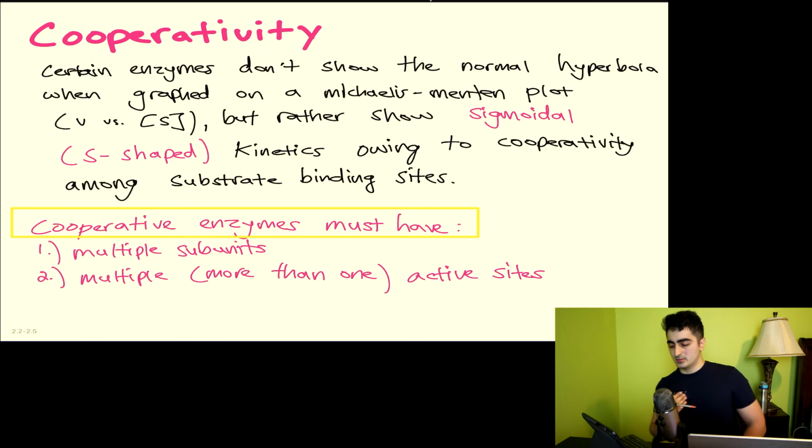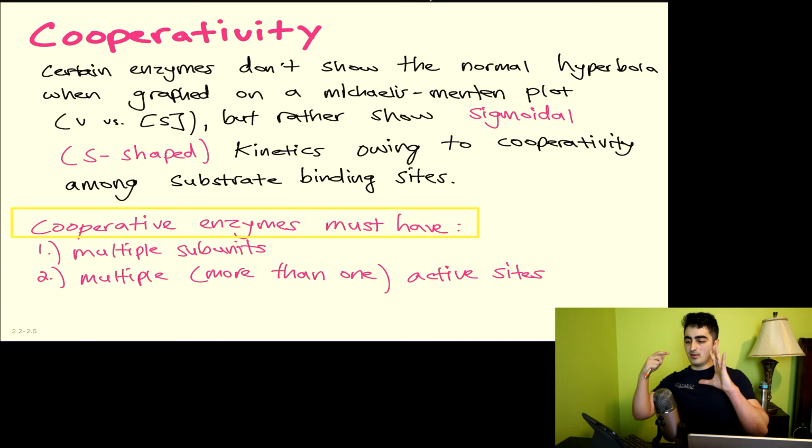So cooperative enzymes are enzymes that, when the substrate binds to one active site, so they have multiple active sites, they have multiple subunits, let's take hemoglobin as an example.